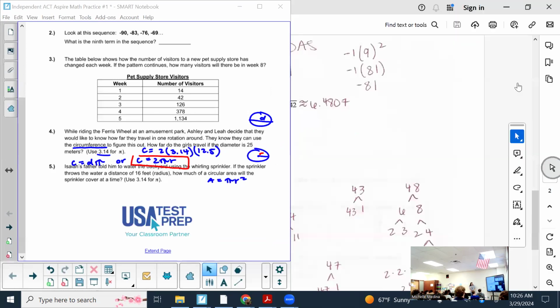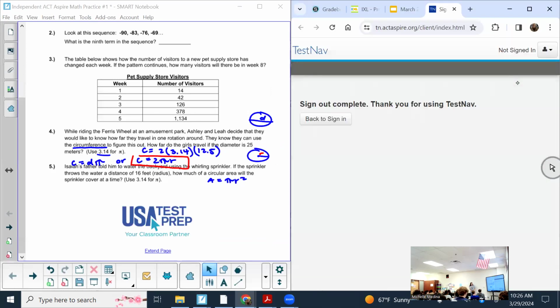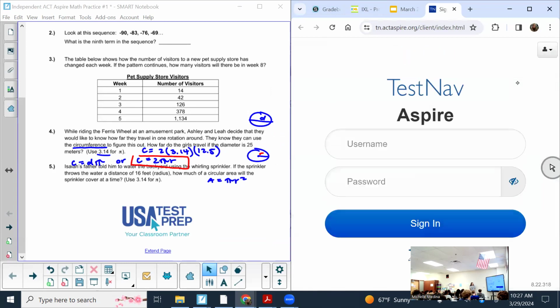You can get your calculator. I know it's annoying, but you have to calculate whatever you want.